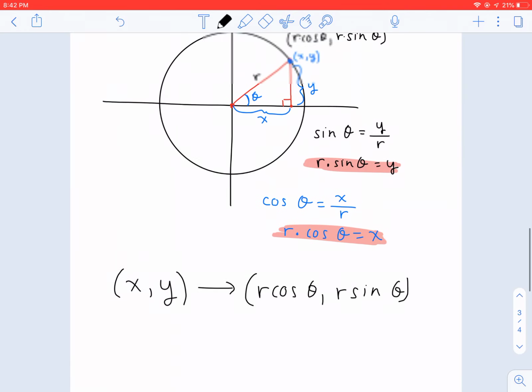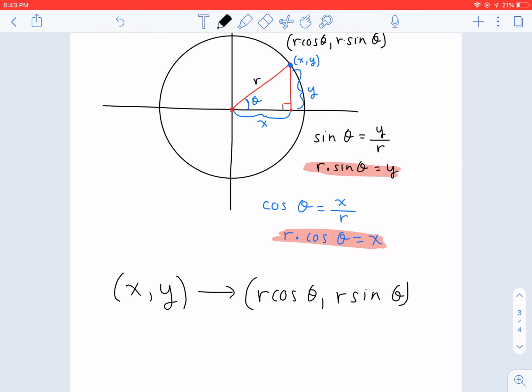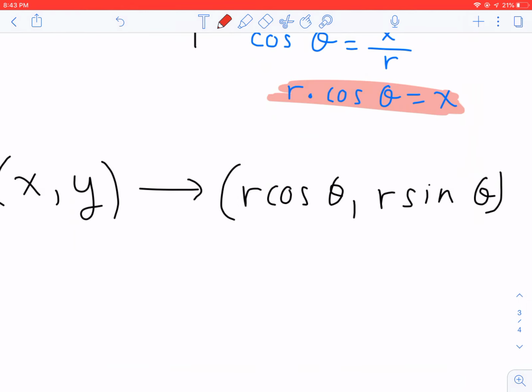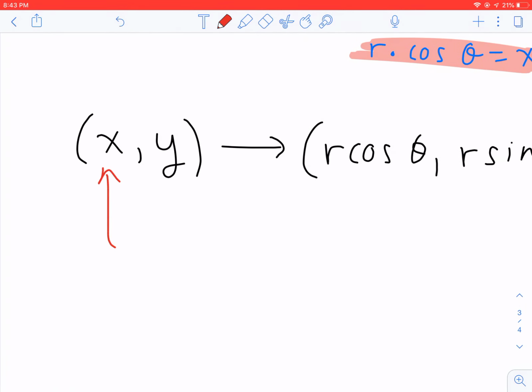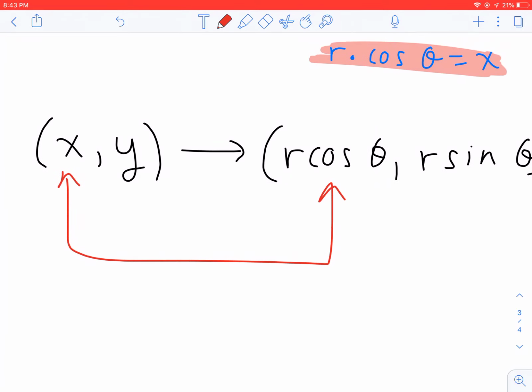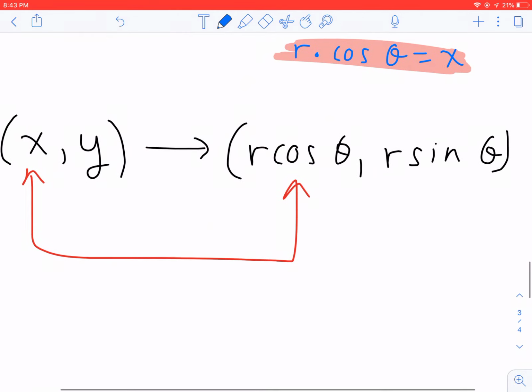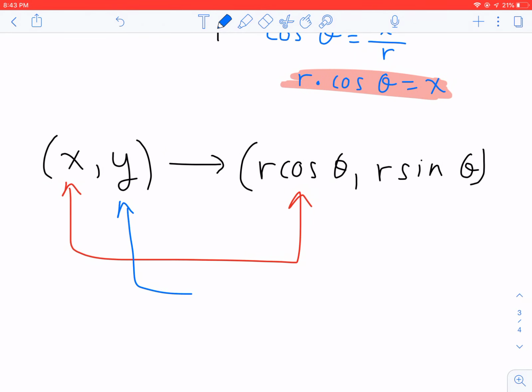And we got that using our definitions. All I did was opposite over hypotenuse and adjacent over hypotenuse. And this is something that's really important. Cosine theta, that's going to go with our x value. And sine theta, that's going to go with our y value.